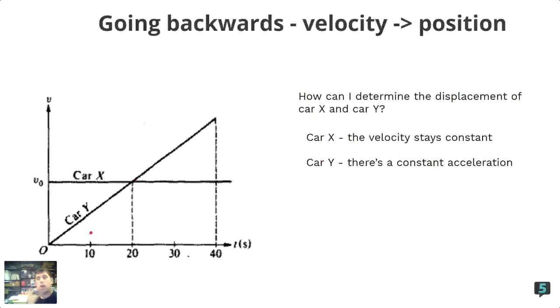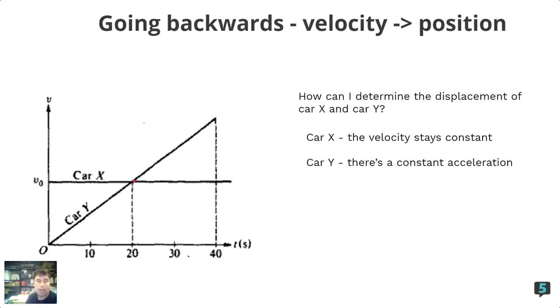So let's recall, or I'm pretty sure this is on your reference tables for the exam too. I don't think this is a memorize it, but if you memorize it, more power to you. That's a better concept. Area of a triangle is 1/2 base times height. So for car Y, my base is 20 and my height is V naught.